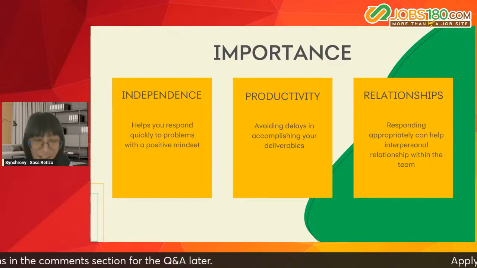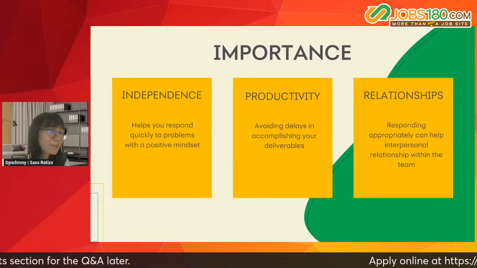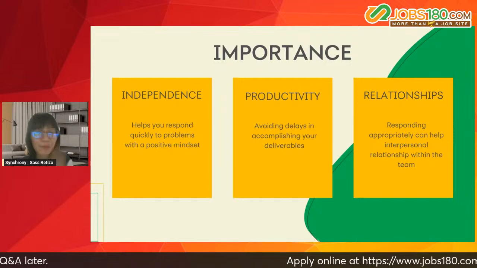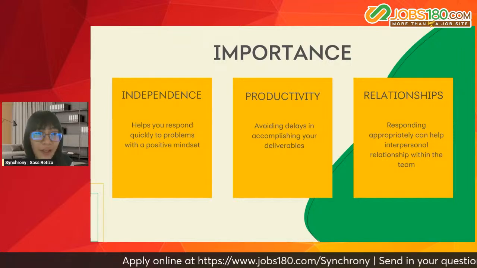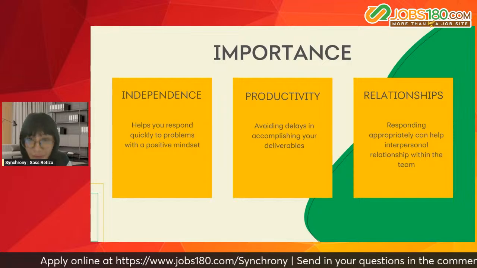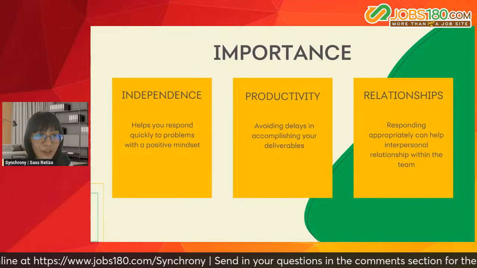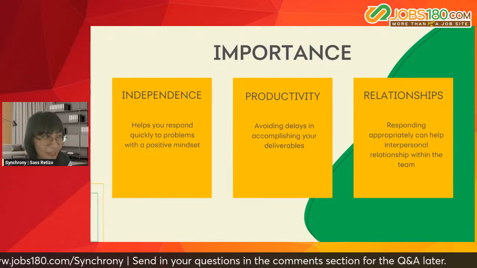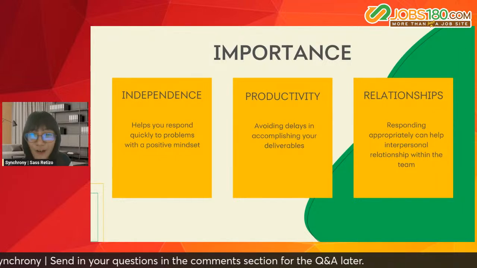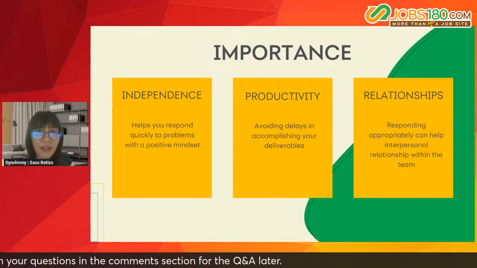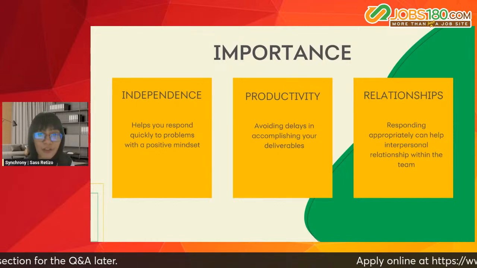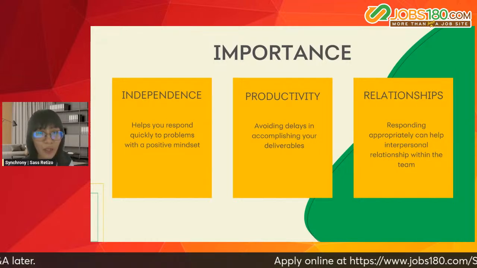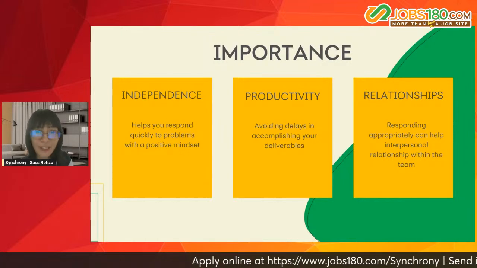Okay, and last, relationships. So why is it important? Why is relationship important in the organization? Because responding with resolution with a positive mindset can also help your interpersonal relationship with your team. Okay, so it can prevent friction, conflicts, because, for example, again, you have someone in your team that you really can't relate to, but you're a resilient person.